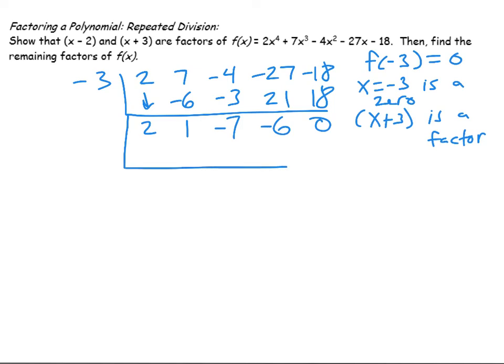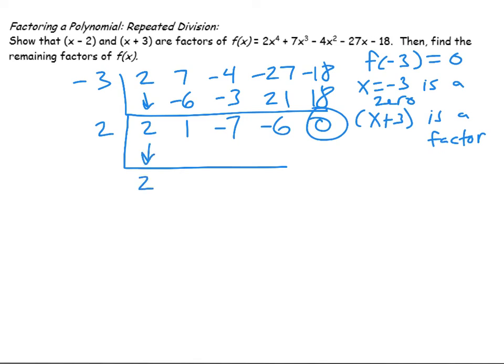But because that one worked and I got a remainder of 0, don't start over. Work with the answer. It reduced the whole thing from 5 terms down to 4. So now I'm going to check 2, but just start from there. If negative 3 didn't work, then I had to go back and start over. But it did. So I'm just going to start from right here.